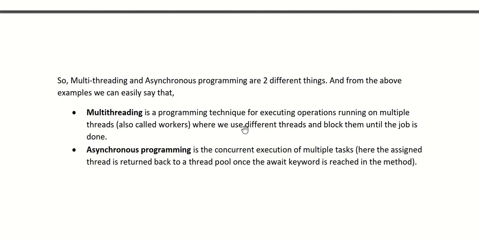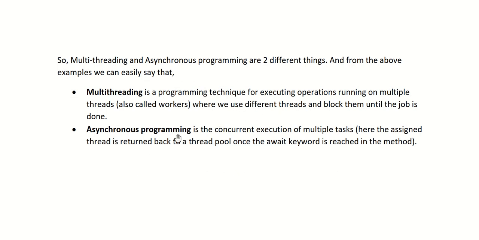This statement is very important. Each and every thread is blocked on that job until that job is done. Once you assign work to a thread, the thread sticks to that operation until that operation is done, whether it's a success or failure.